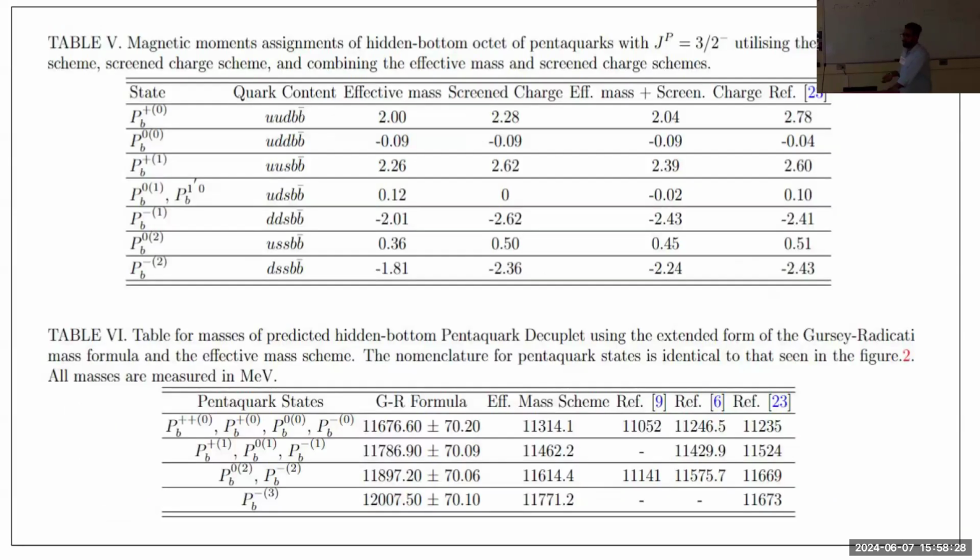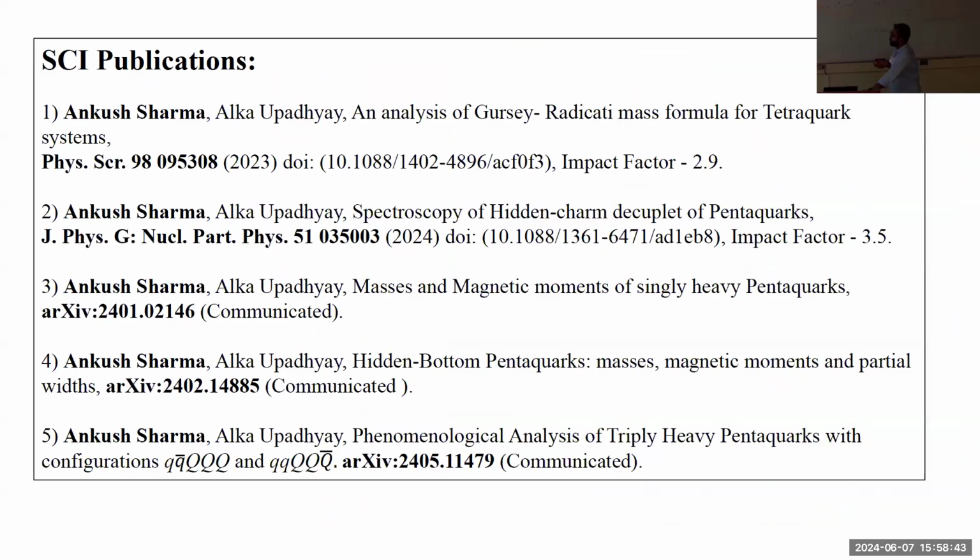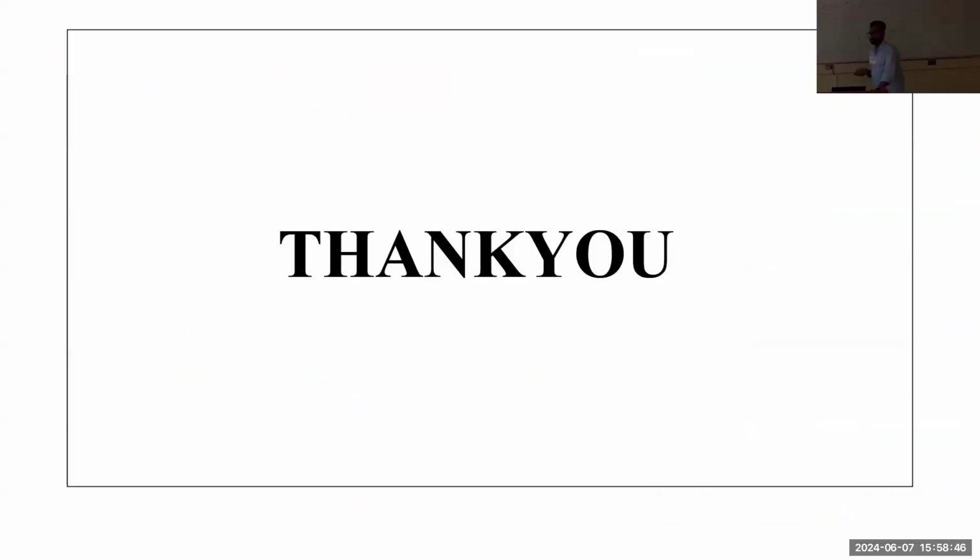We have also classified the hidden bottom pentaquarks into octet and decuplet representations, and the respective results are shown here. We also studied the singly heavy pentaquark structures, and results for their masses have been shown. Thank you.